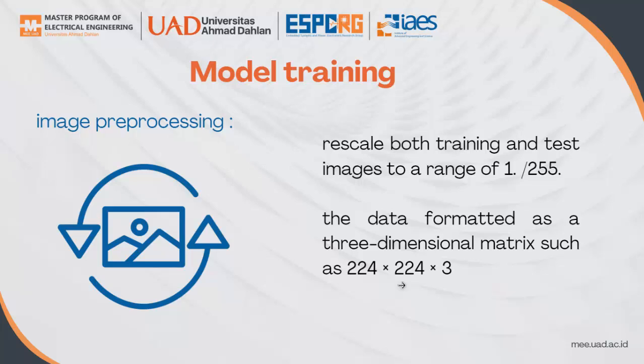The first stage of the training process is image pre-processing. Image pre-processing is the way we scale the training and test images by a factor of 1/255. Also, we reformat our images to the matrix dimension, like we mentioned before.